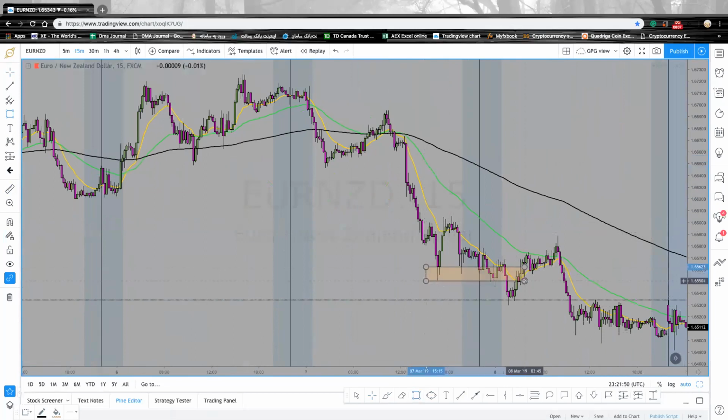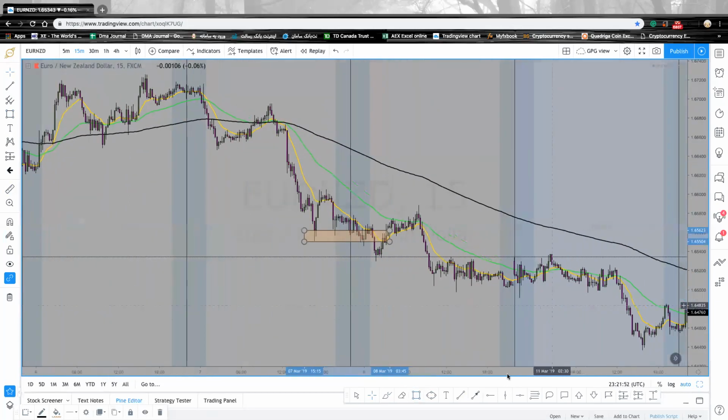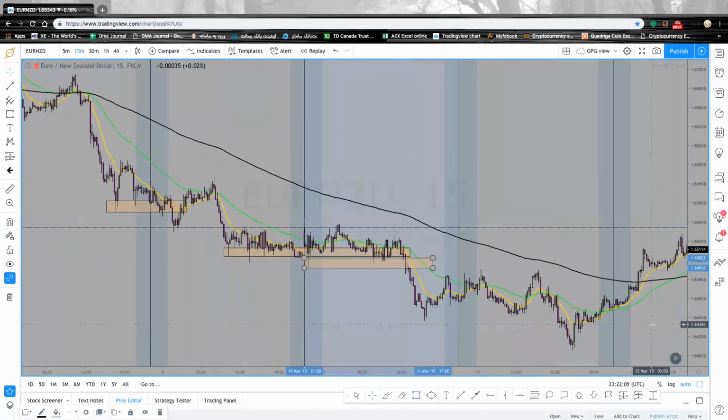See wick fill again. Wick fill again. And then this newer wick filled. Wick fill.